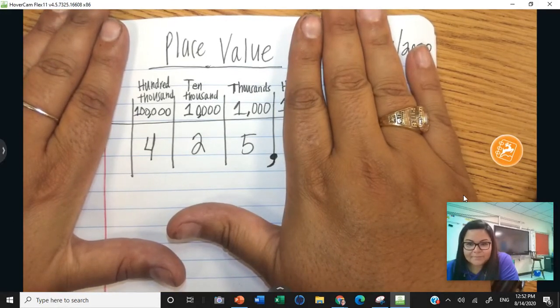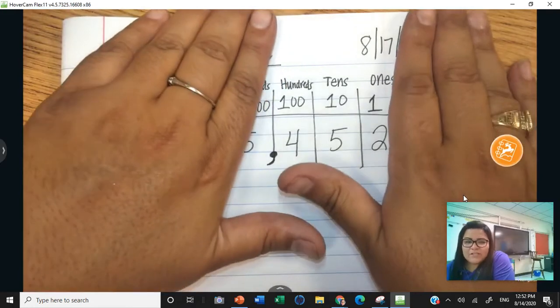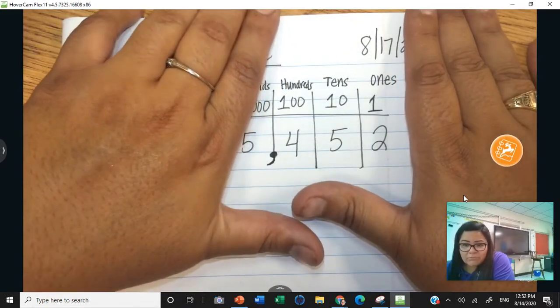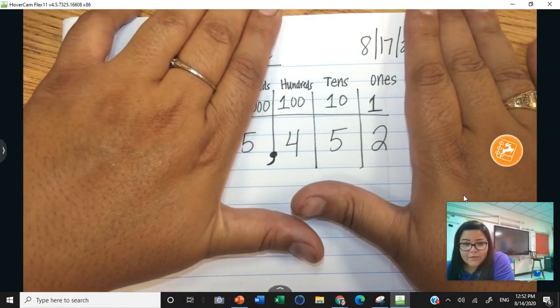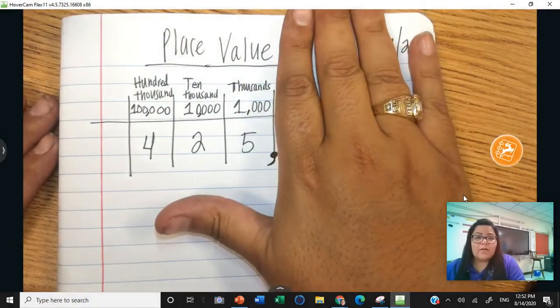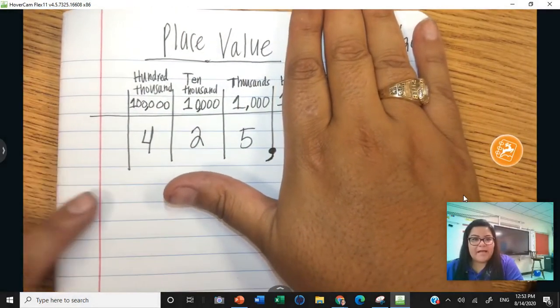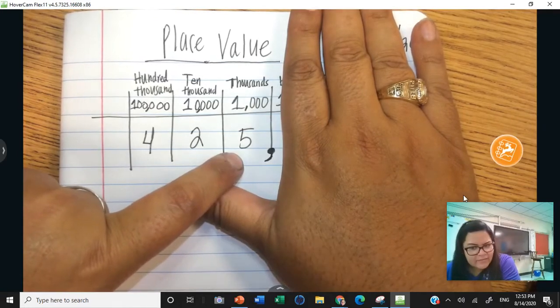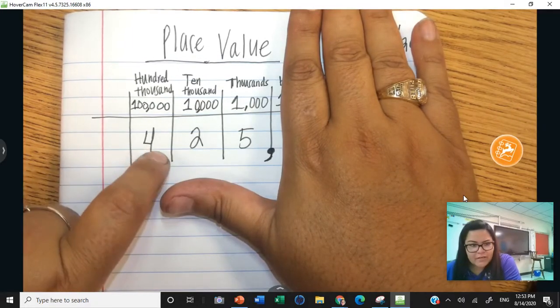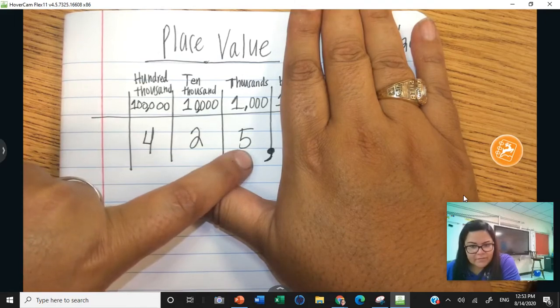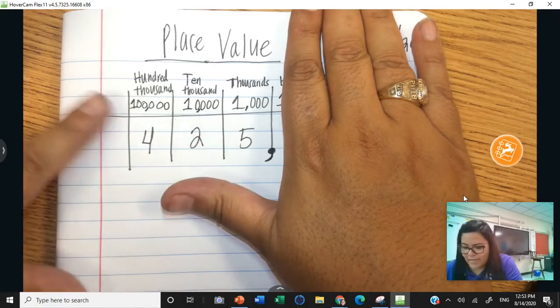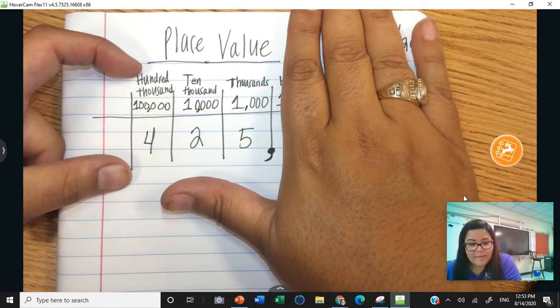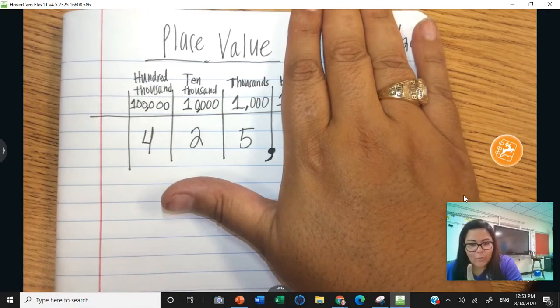The next one is just the regular numbers, the ones that we've been learning about all in second grade. So if I cover these up, I see a 425. Do y'all see that? Yes, I know that these numbers are much bigger, but I promise you, there's a reason why I'm telling you this.